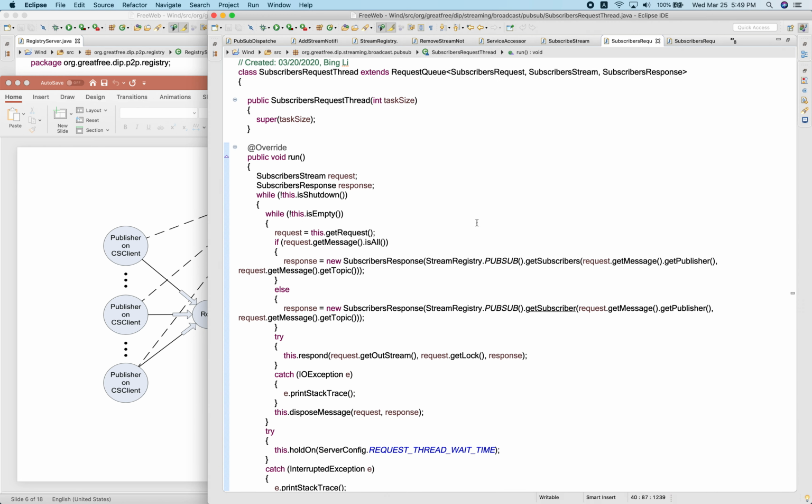Okay. So this response is a response to the randomly selected child. This one responds to the client interested in one particular stream. Okay.